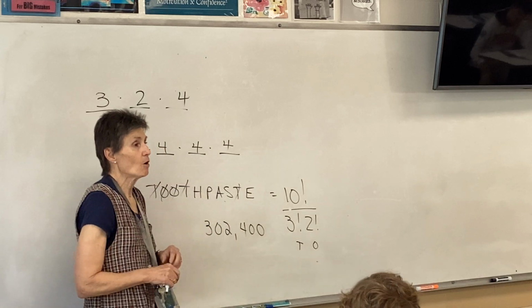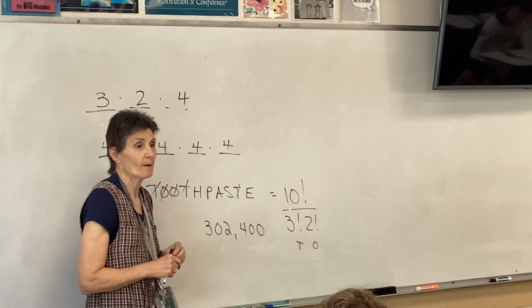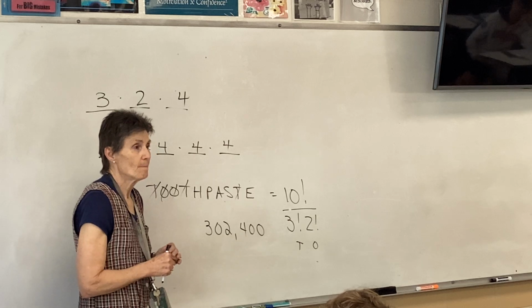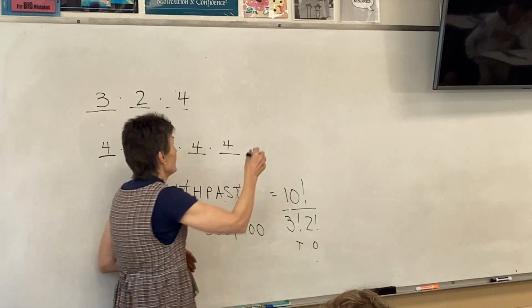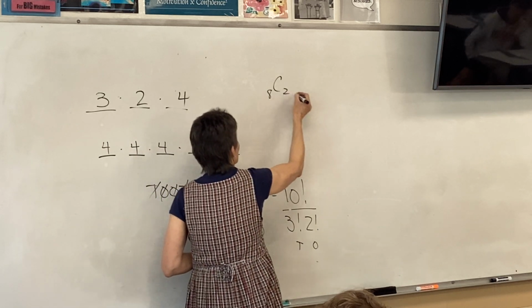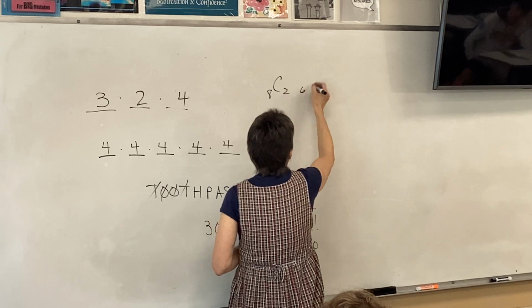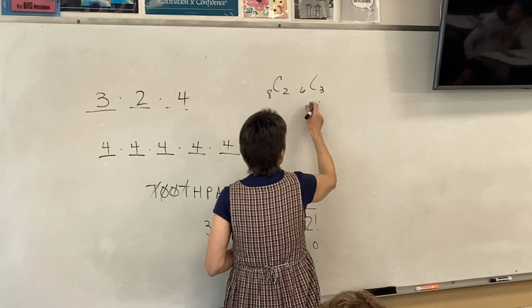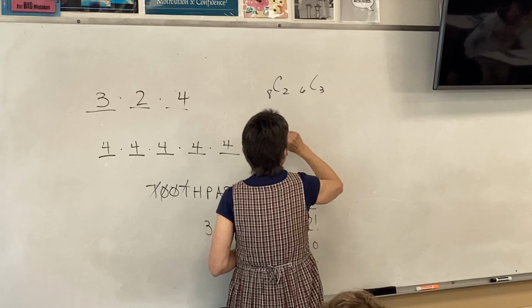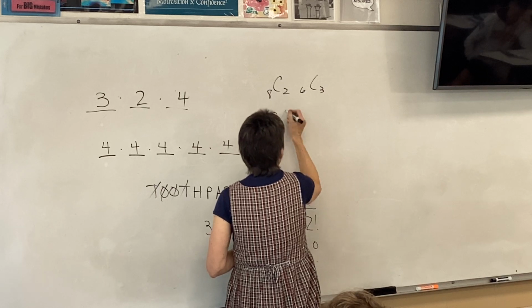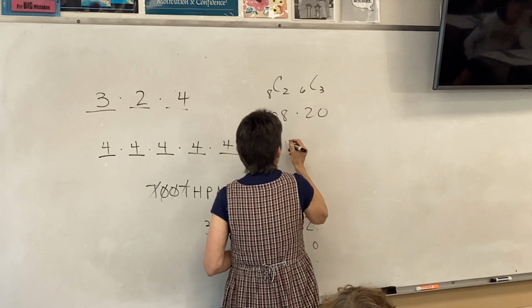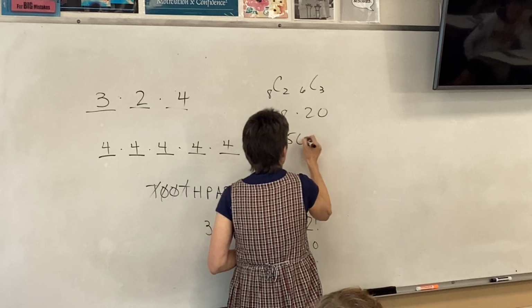Who had a thought that you're willing to share? Carson? I did 8C2 and then 6C3. And what did you do with these two numbers? I got 28 and 20 and then got 560.